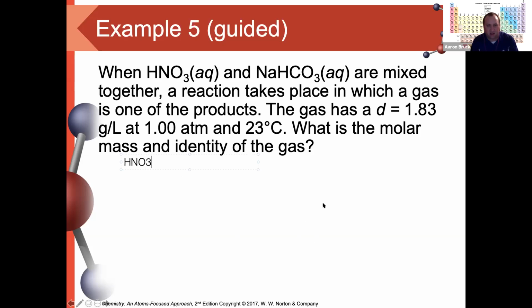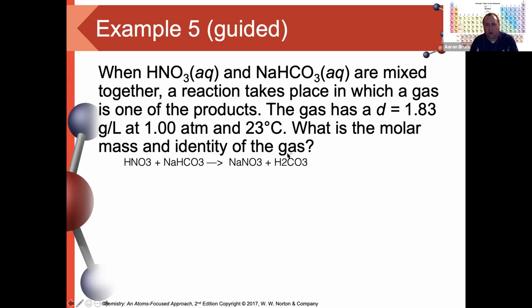Nitric acid reacts with sodium bicarbonate to make sodium nitrate and carbonic acid, H2CO3.